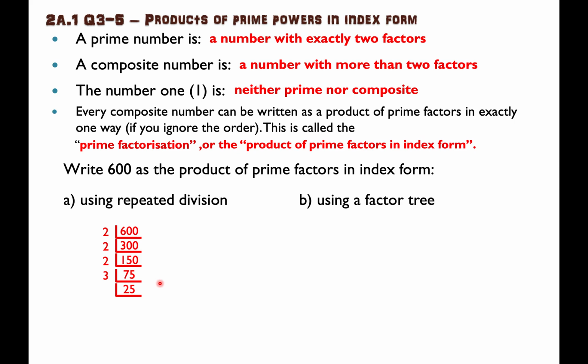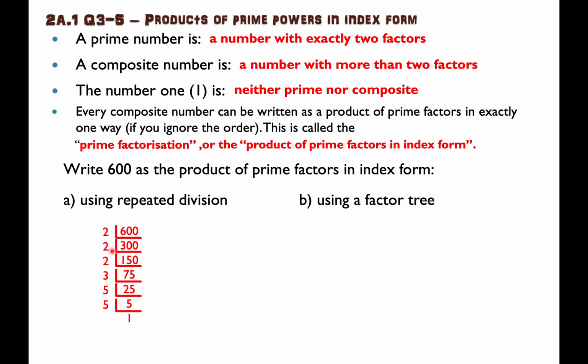Oh, 5. 5 goes into it. 25 divided by 5 gives 5. Smallest number other than 1 that goes into 5? Not 1, 2, 3. 5. 5 divided by 5 is 1. You'll know that you're done because you end with 1.